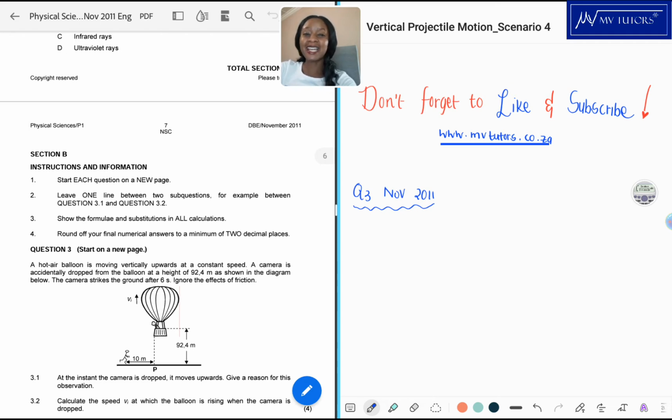So I've seen an airplane dropping some boxes or whatever, but for matric, with vertical projectile motion in one dimension, if you're going to have something that's moving and a projectile thrown or dropped outside of it, it's going to be something that's light, like a hot air balloon. Okay, so let's see what kind of questions we have here.